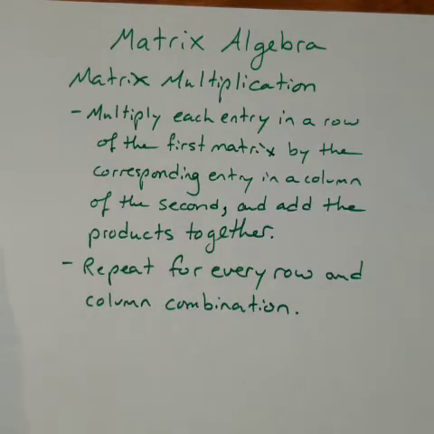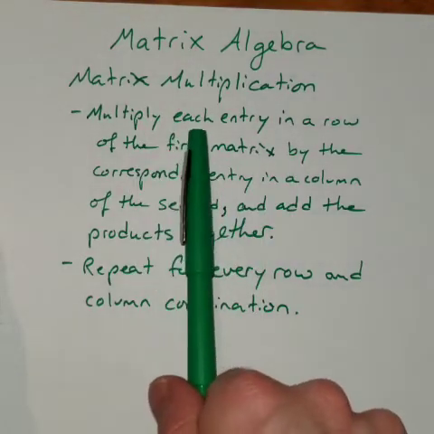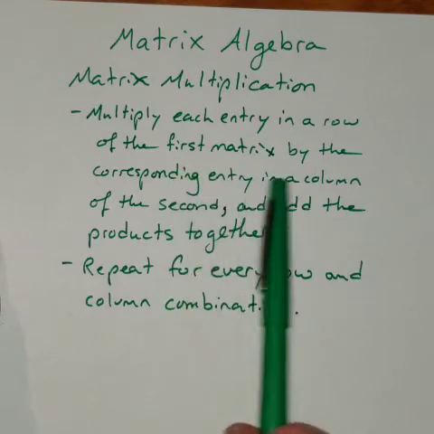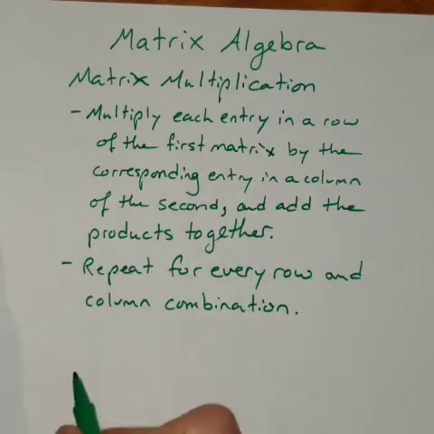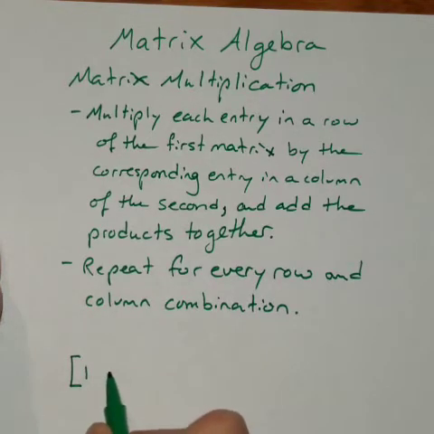Let me give you a quick example. Probably the most basic example is to look at a row matrix times a column matrix. Remember, in the definition here, you take a row and multiply it by a column, essentially. Okay, so I'm going to start with a row matrix. Let's go with maybe 1, 2, 3.